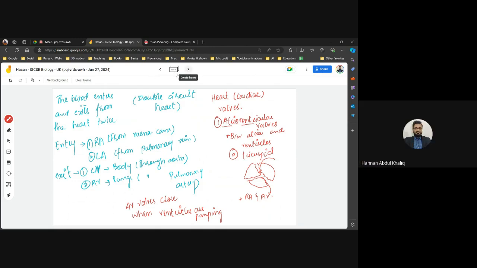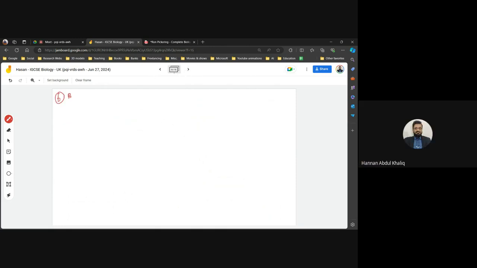The second type of atrioventricular valve is the bicuspid. Bicuspid means it has only two doors. This is one, this is second. It is between the left atrium and left ventricle, so blood may not be pushed back into the atria.